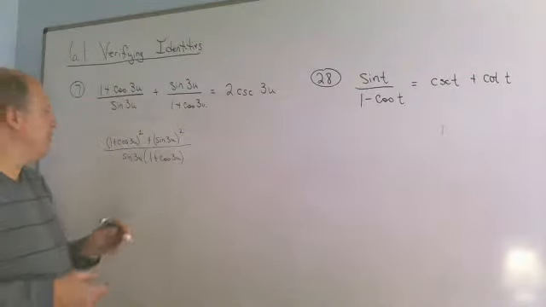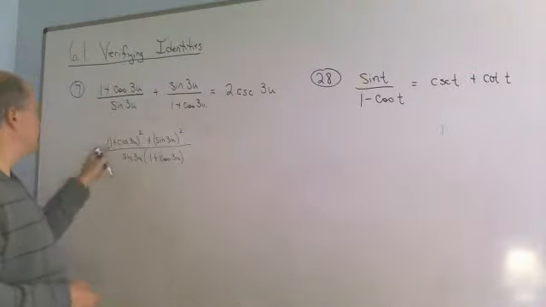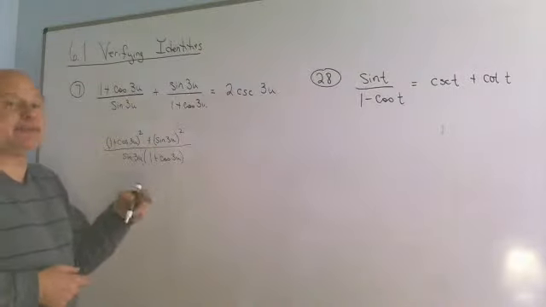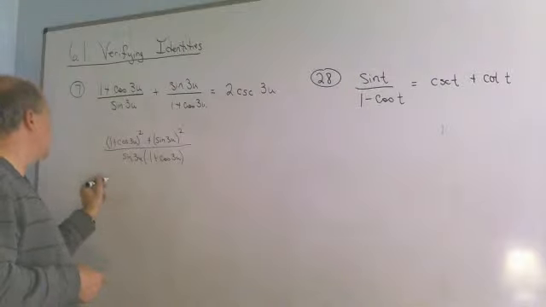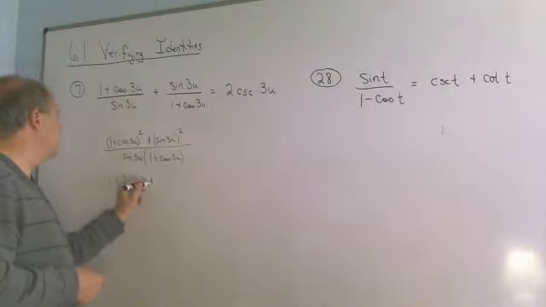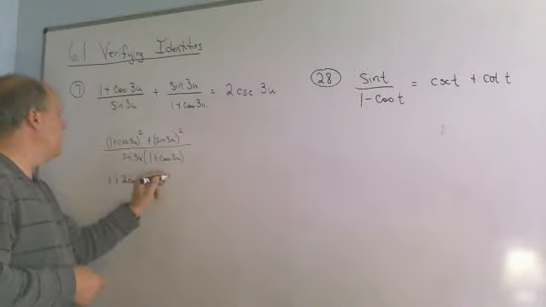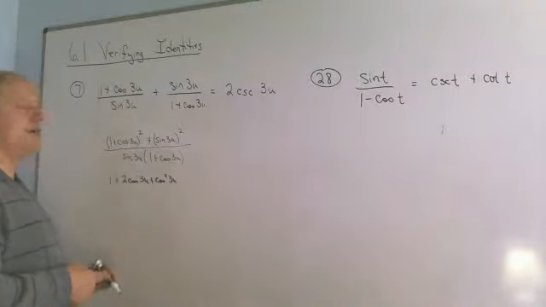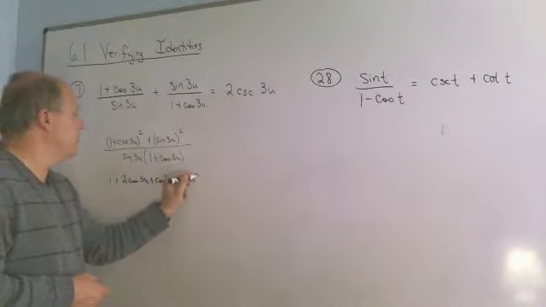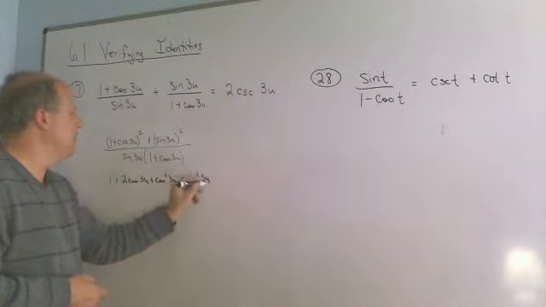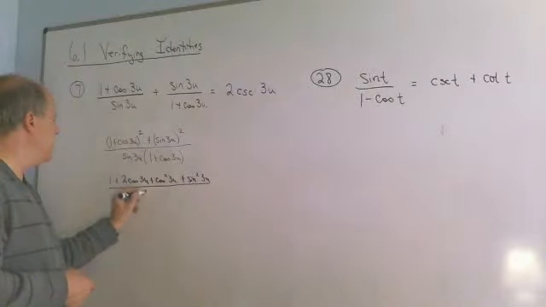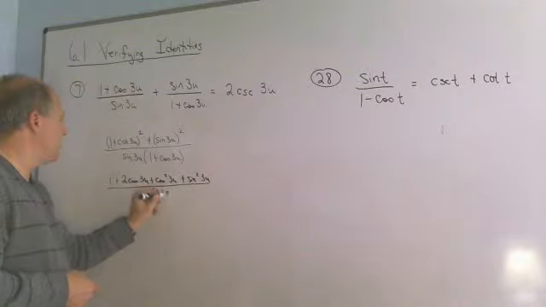So now we do a little bit more algebra. We're going to FOIL this one out and just rewrite this one, and you're going to notice something cancels out. So this is going to be 1 plus 2 cosine of 3u plus cosine squared of 3u, FOIL, and this was just sine squared of 3u, all over sine of 3u times 1 plus cosine of 3u.